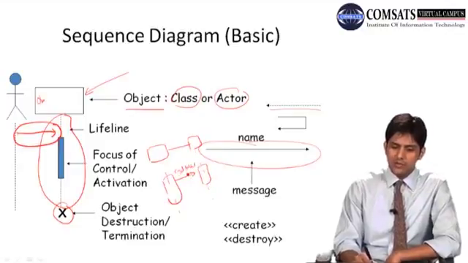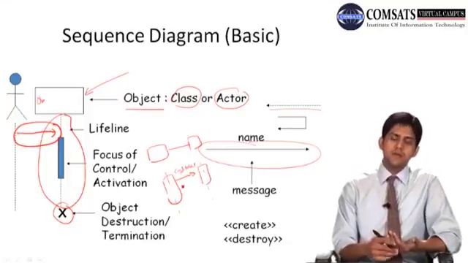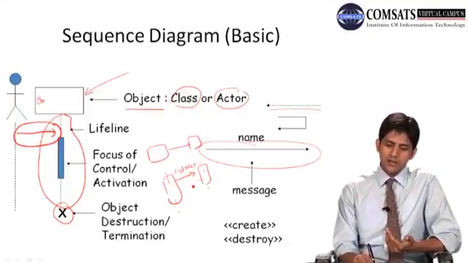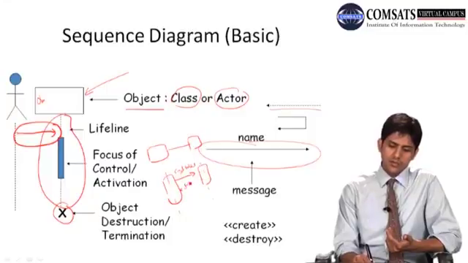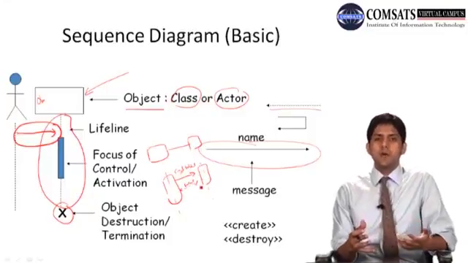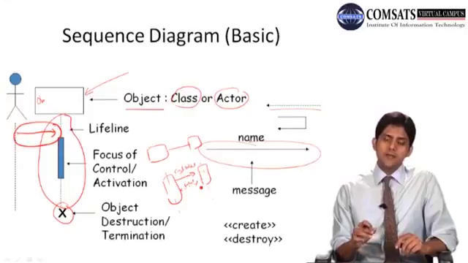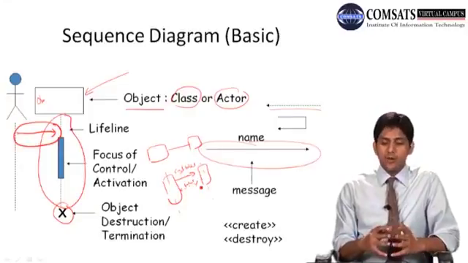Now we know that get total will return a number, so we could write on it that it will return total, but we do not need to, because this is very obvious. So return messages are optional, we do not normally always do them.